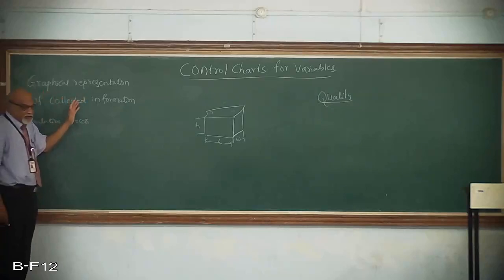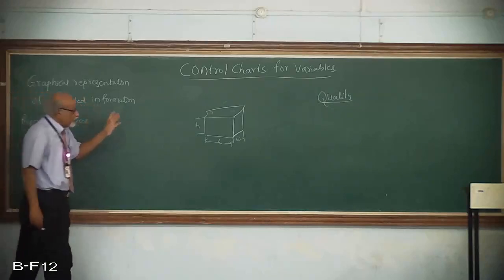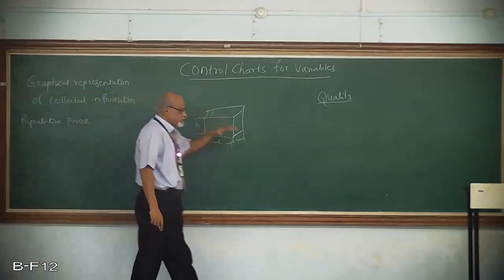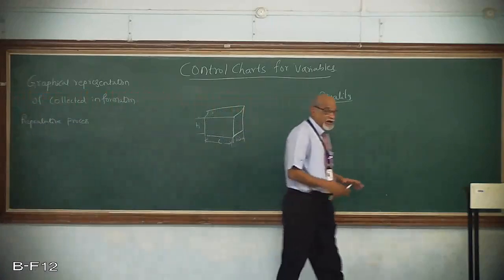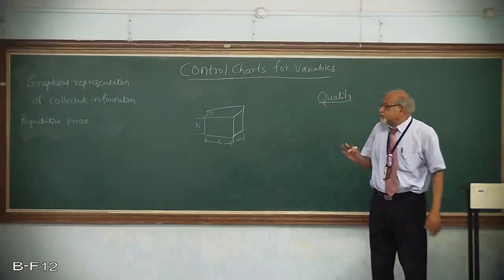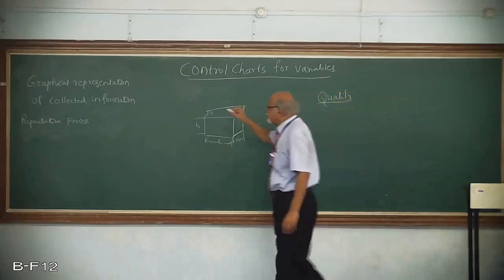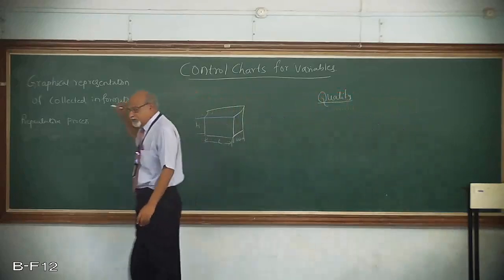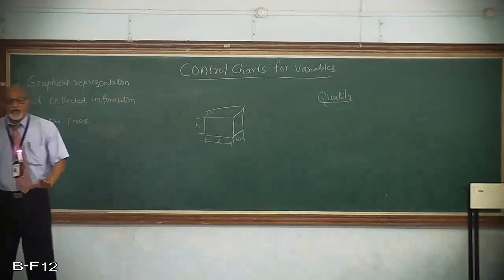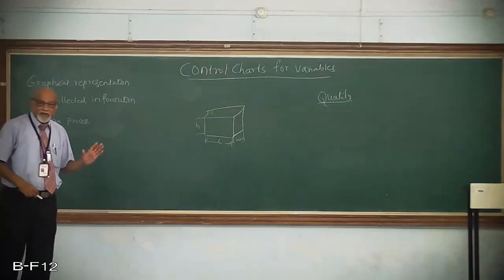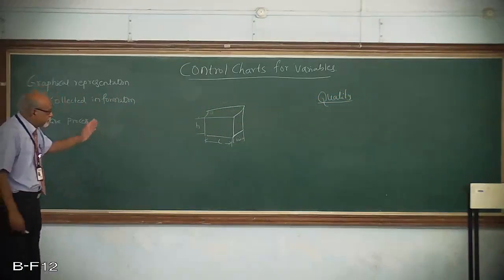That means statistical, only in terms of numbers I am going to collect these things. Try to understand this, because collected information in the form of statistics has to be in the form of certain numbers.